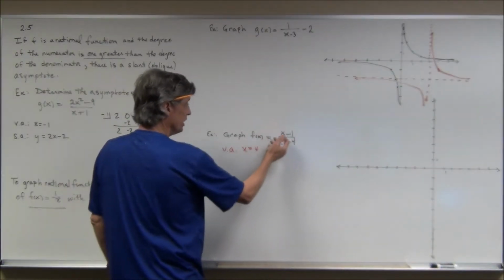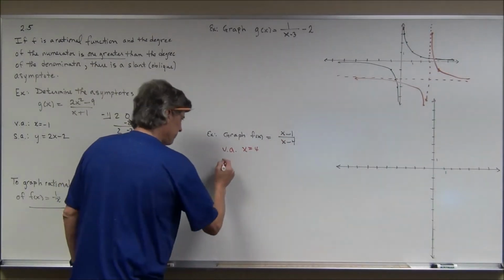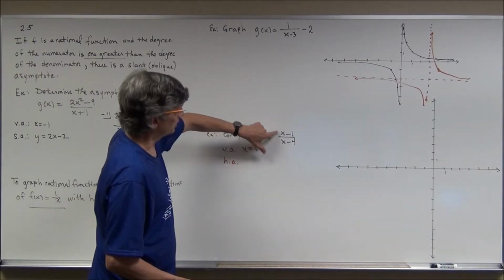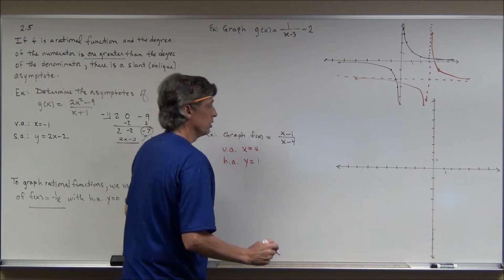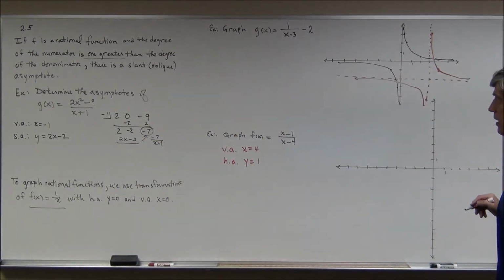And because the degrees are the same, degree 1 on the top and the bottom, I have a horizontal asymptote. Let's see, what are the lead coefficients? They're both 1, so it would be y equals 1. So the first thing I'm going to graph here, and apparently I didn't make this graph quite right. I've got all the emphasis on this end.